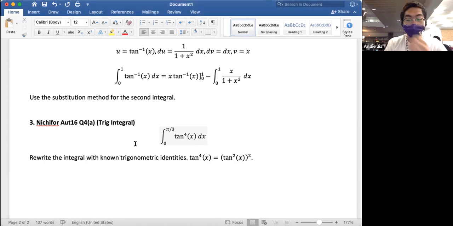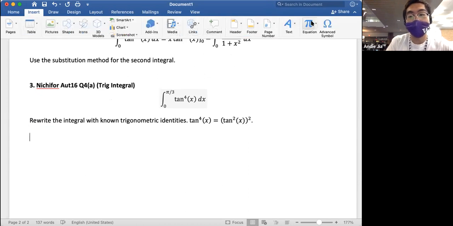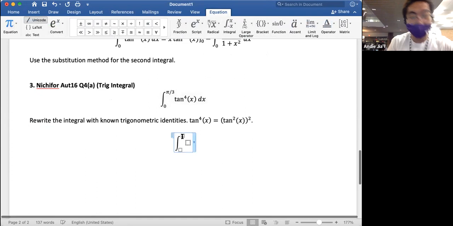Then for this, we use the rewriting rule and keep rewriting the integral.